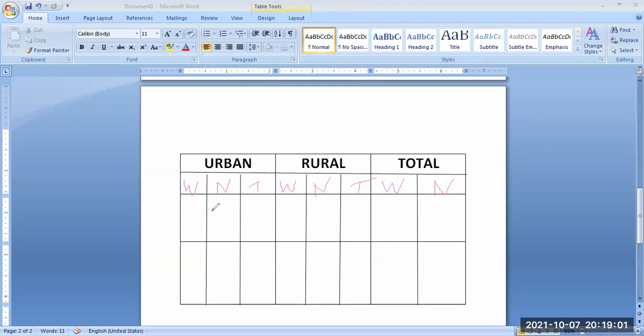Now they are non-workers, you see properly. Non-workers are 19 crores. Am I correct? Yes. Total of urban population is how much? Total urban population is how many crores?